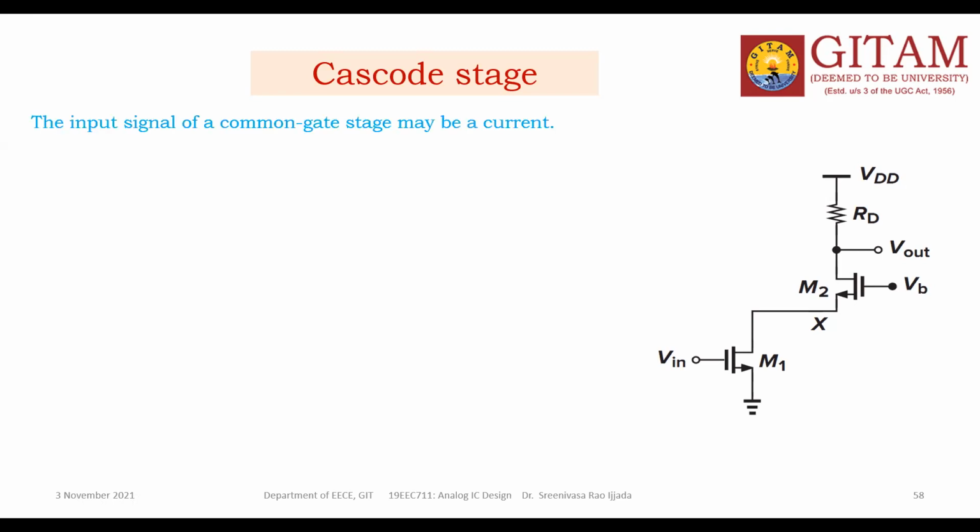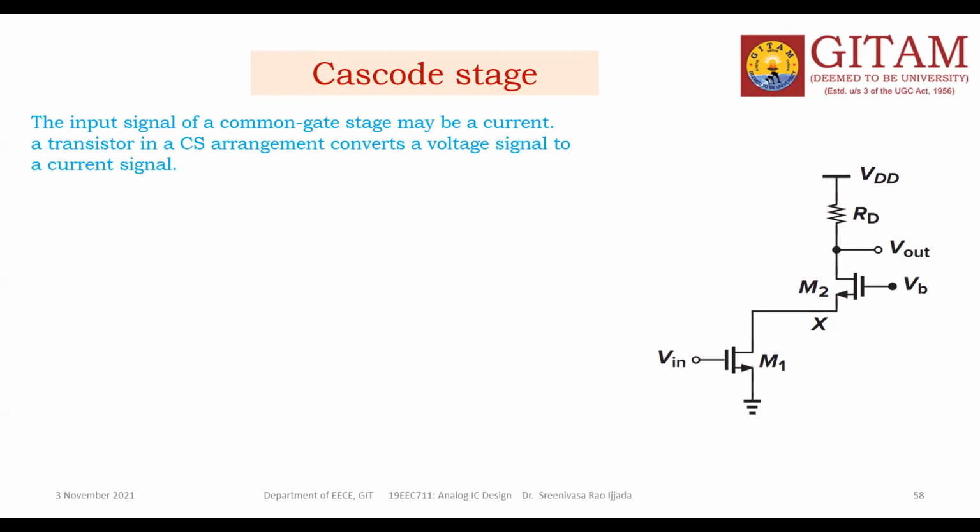So the input signal of the common gate stage may be a current, because whatever voltage you apply to the source, the current is flowing, since a fixed voltage is kept at the gate. I told you a biasing current is flowing in the device, so the input signal of the common gate stage is current.